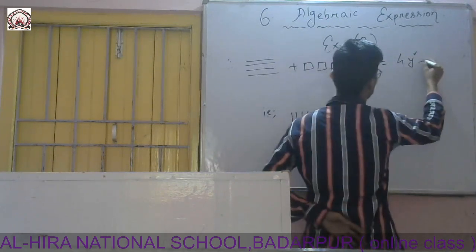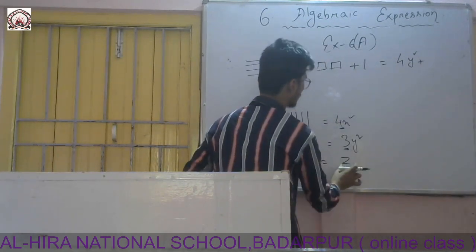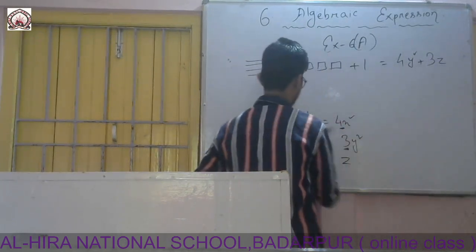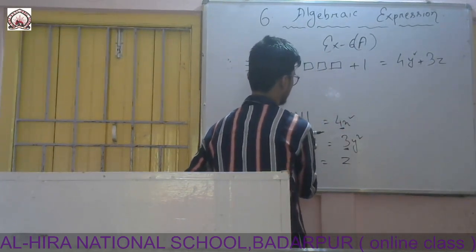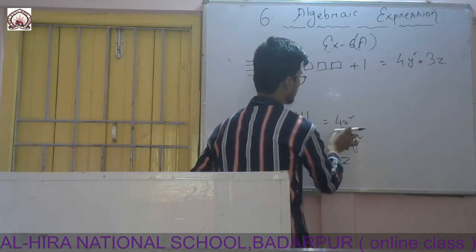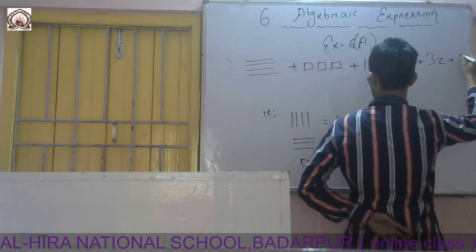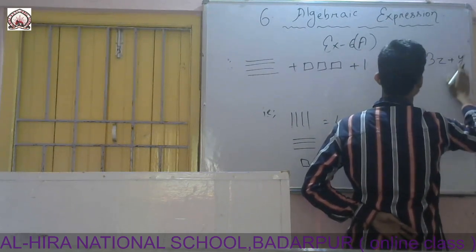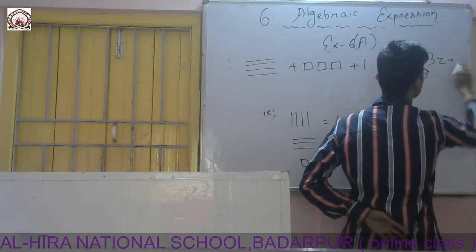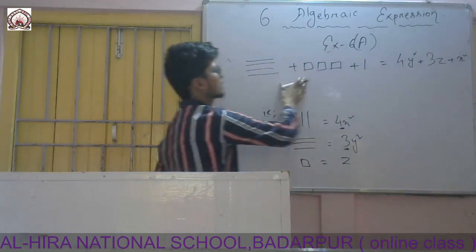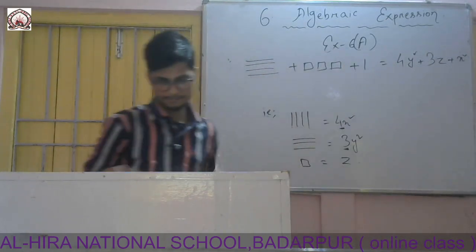In the middle I will put plus. For one box I write 1z, for 3 boxes I will write 3z. And last, there is 1 vertical line, so for one vertical line I will write only 1x square. The 1 is no need to write, only x square. So this thing represents that expression.